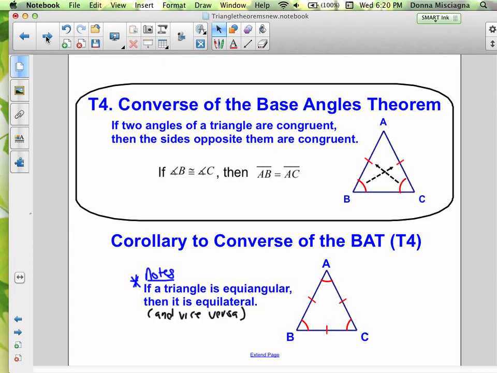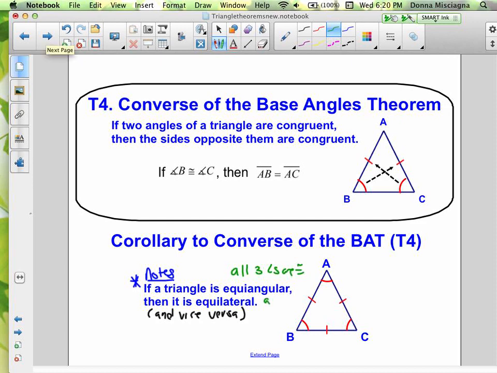So if a triangle is equiangular, remember equiangular means all three angles are congruent, then it is equilateral, and equilateral means all three sides are congruent. Now, it's three because it's a triangle, right?